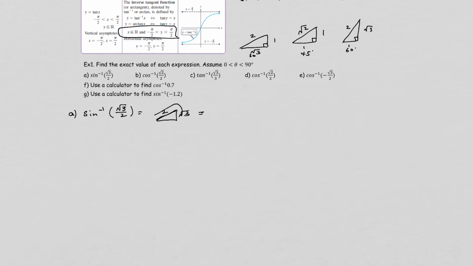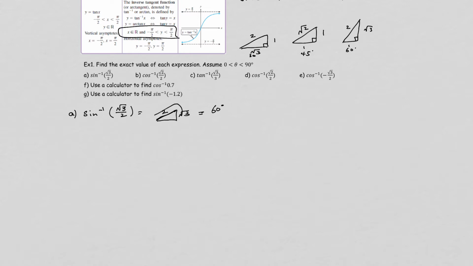And when you look at your 3 shapes here, the one that has square root 3 on the opposite and 2 on the hypotenuse, that's going to be 60 degrees. So that's how you can find your solutions. Or you have to memorize the table, like I mentioned. So you have options, whichever method you want to use. But in my lecture, I usually go over the shapes, memorizing those 3 shapes.